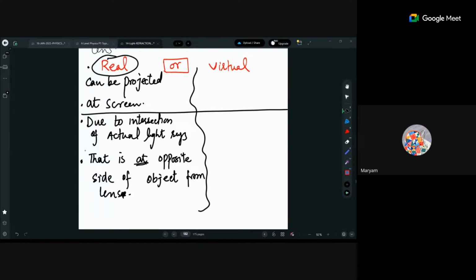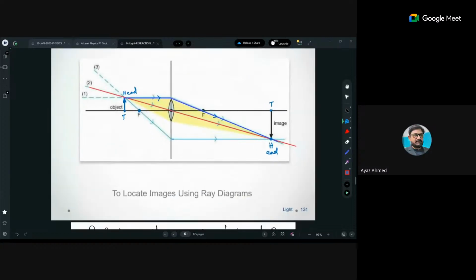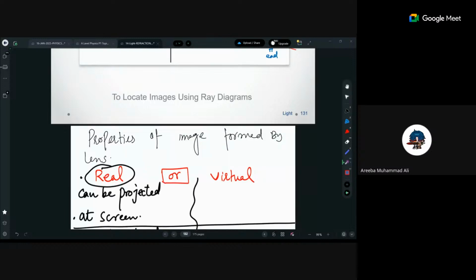Yes, sir. But sir, can you explain the last point? I did not get that thing. It is that point. Object is on the left side, image is on the right side. Both are on opposite sides of the mirror. Sorry, lens. Oh, okay, got it. So it's basically just the object, but you're seeing it through another medium.